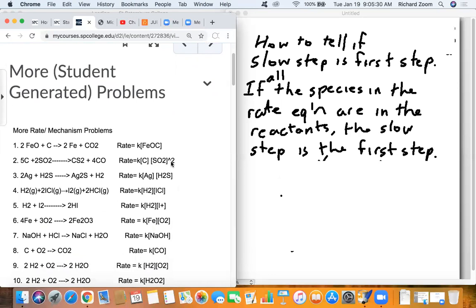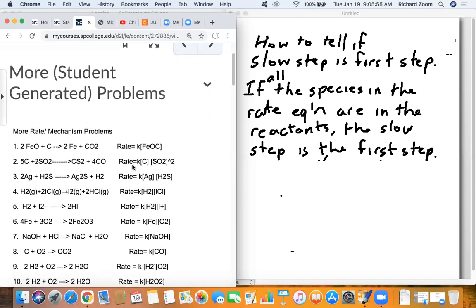That's right. Well, Emmeline, I think you're asking the wrong question. What you've got to be doing is looking at the rate equation, just asking, is C a reactant? Are there two SO2s in the reactants? That's all you're asking.